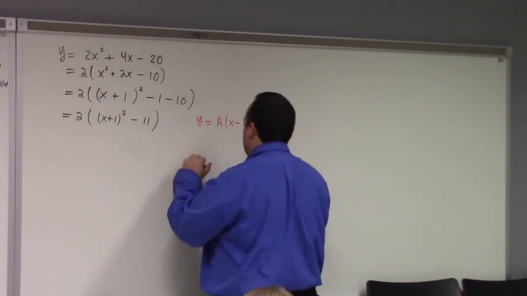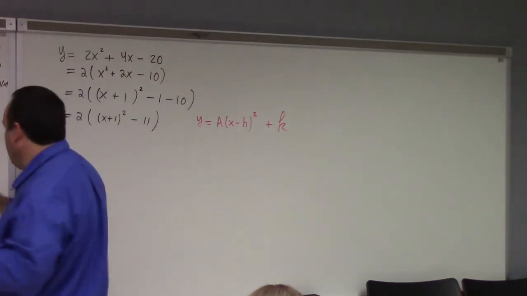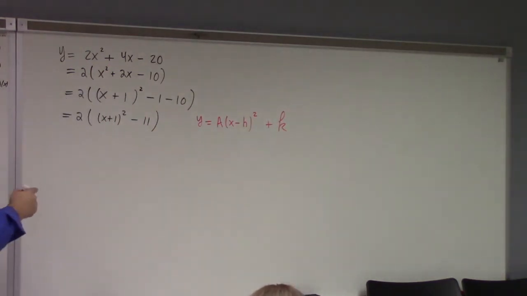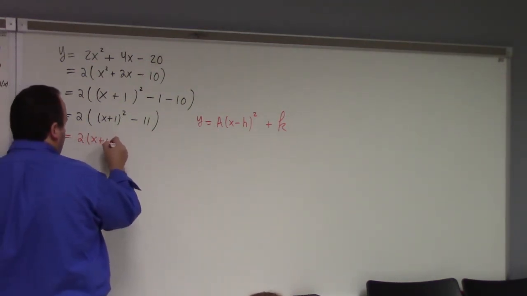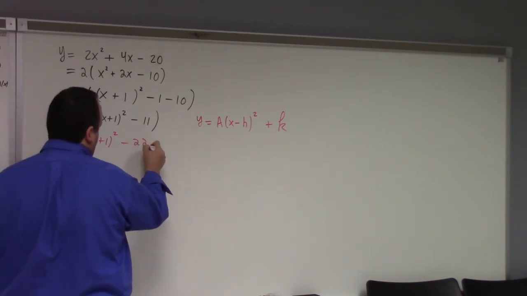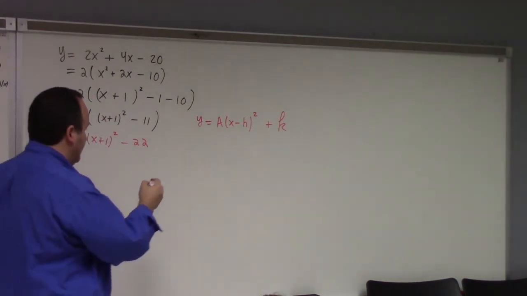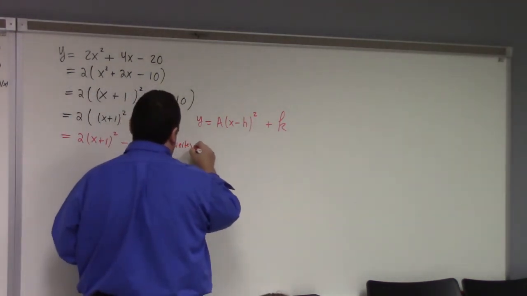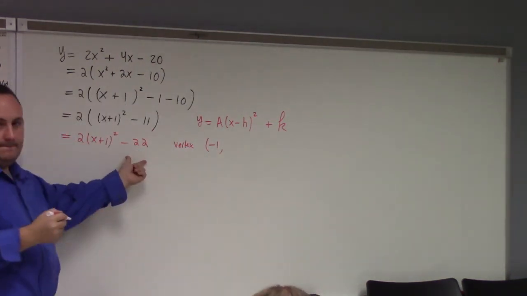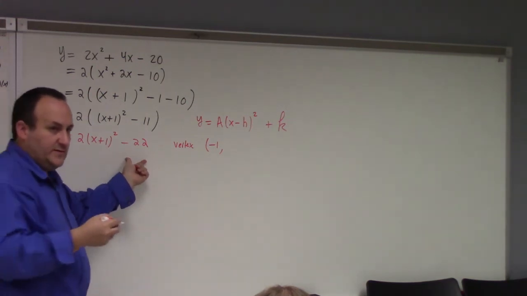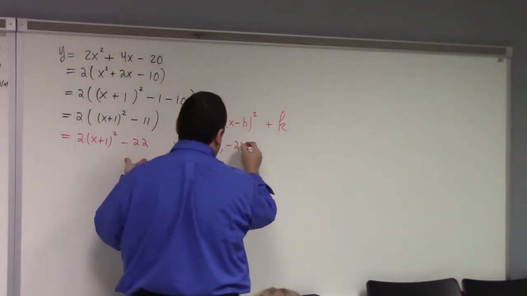Notice that the k is out here on its lonesome, but 2 is here. So we have to multiply this out to get to the vertex form. So you're almost right. It's just that the vertex is at minus 1, comma, minus 22. That's where the vertex is.